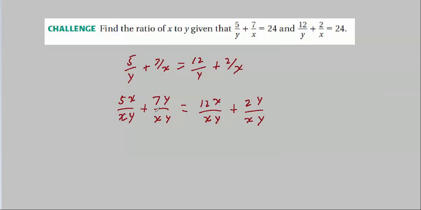So our common denominator would be x times y. It would be 5x over xy, 7y over xy, and so on. Now with all these common denominators, yeah, we could add them up, I guess, and write 5x plus 7y over this equals 12x plus 2y over this. But when the denominators are the same, you probably already know from algebra that the numerators are equal.